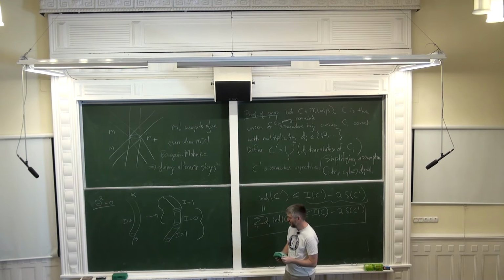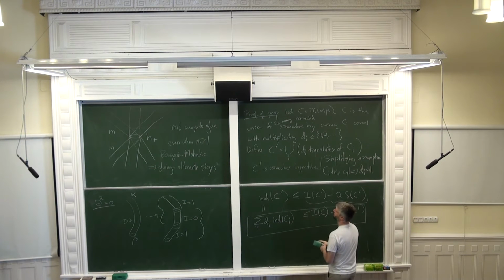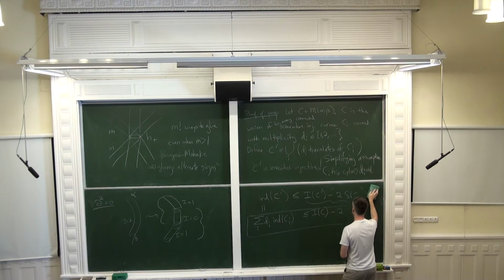Okay, anyway, this is getting kind of technical, so let me get back to the basics. So what have we got here? We've got a chain complex, we've got a homology. What structure does this thing have?